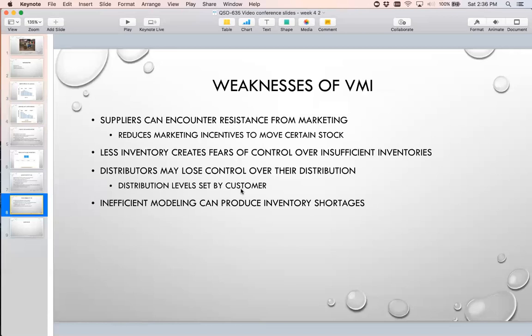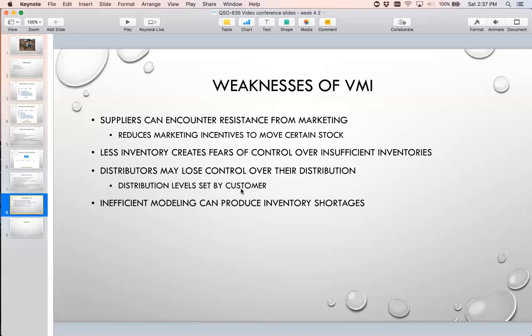Especially when, one case in point, there was a grocery chain, off the top of my head, I don't remember, where they went with a VMI. It may have been Whole Foods, but I have to look it up. They went with the VMI system, and as a result, they realized that they didn't need as much shelf space. So they reduced the shelf space because the amount of product they need to have on the shelf was less because they were getting more frequent small orders instead of large orders.